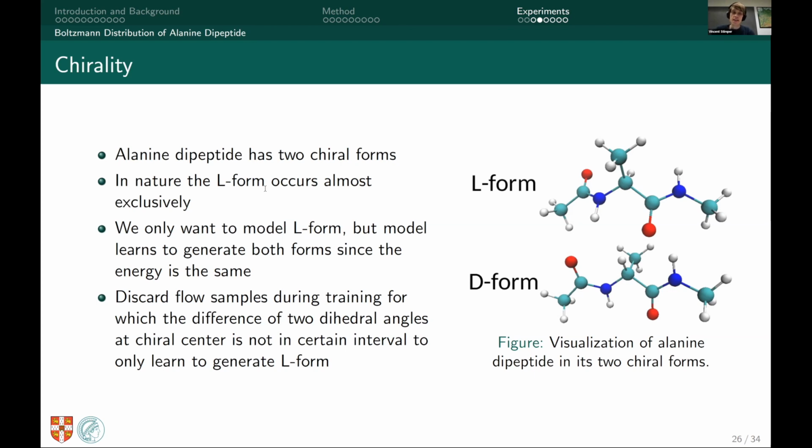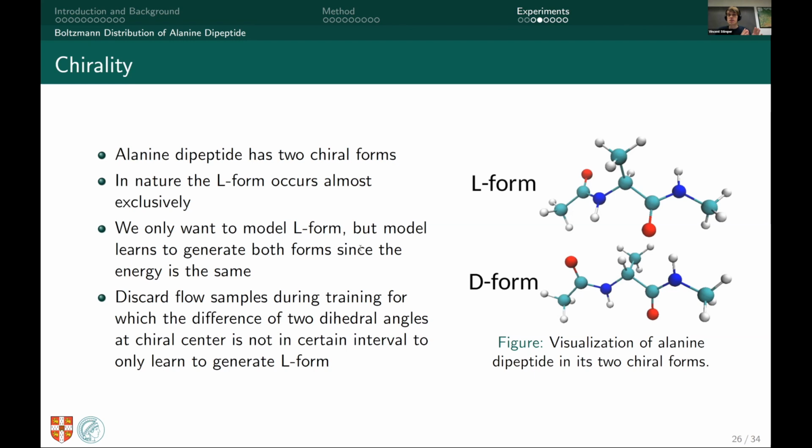The way we restricted our model to only generate those forms is that during training, we draw samples from our flow, and then we use some dihedral angles close to this chiral center, and we restrict the difference of two chiral angles to be in a certain interval, so that we can ensure that we only have the L form and not the D form.